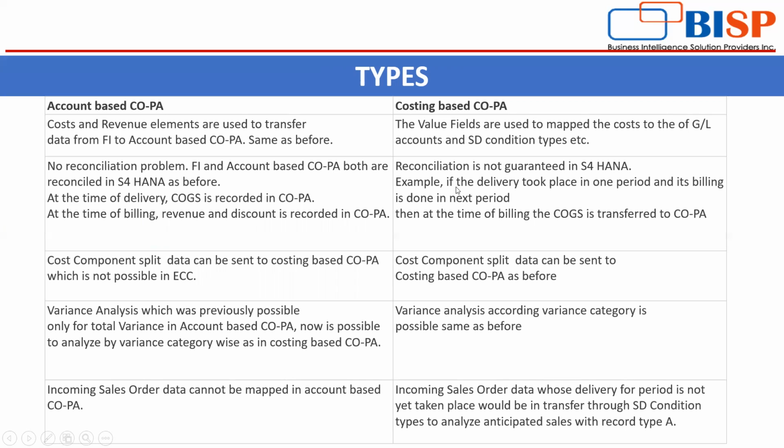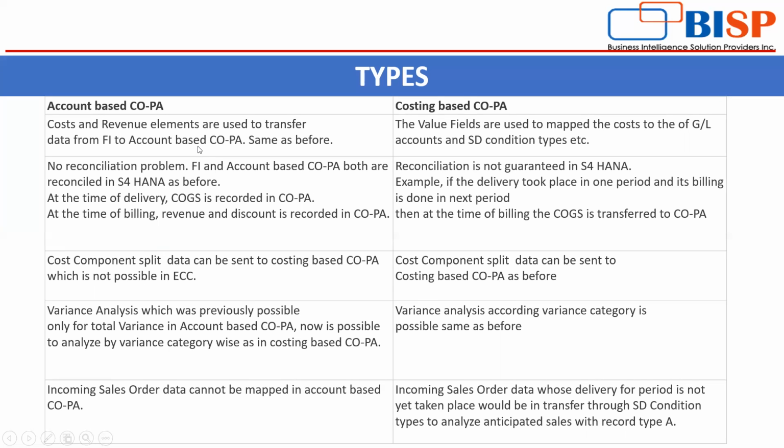While under costing based COPA, reconciliation was extremely difficult. It was not guaranteed, and the cost component split data can be sent to costing based COPA as before. So these are a few basic differences.